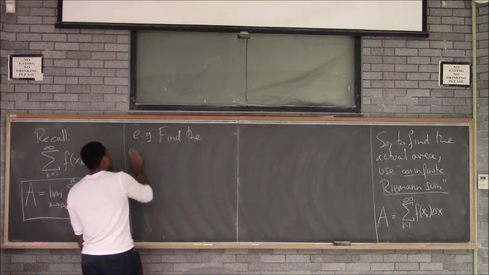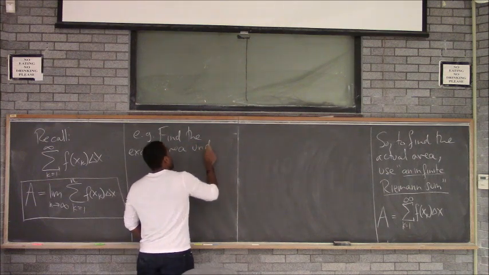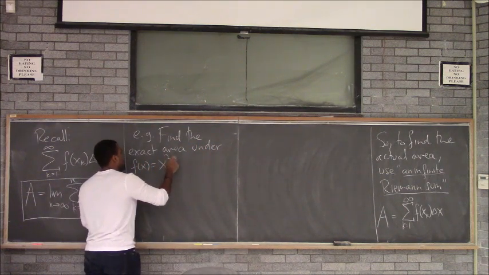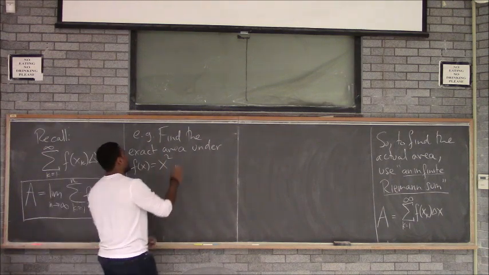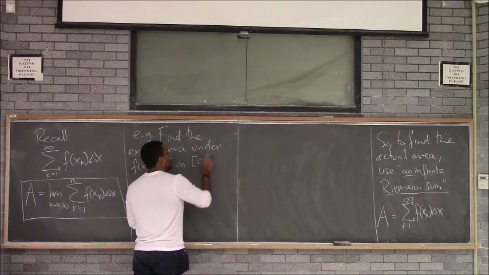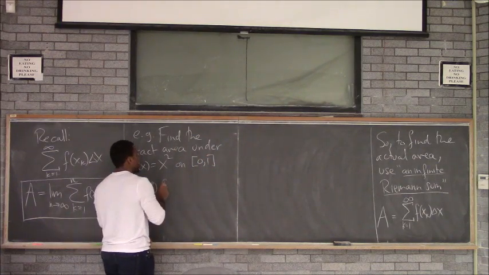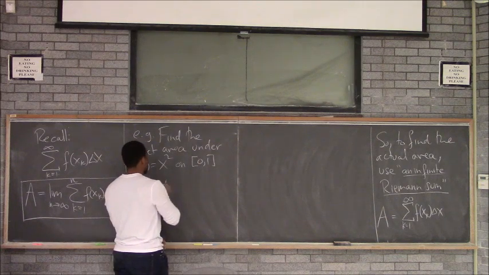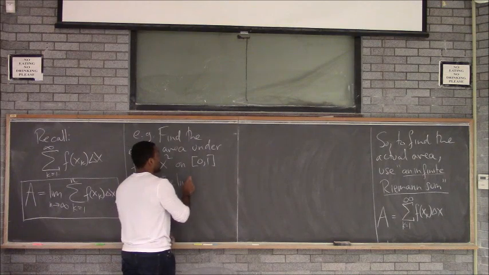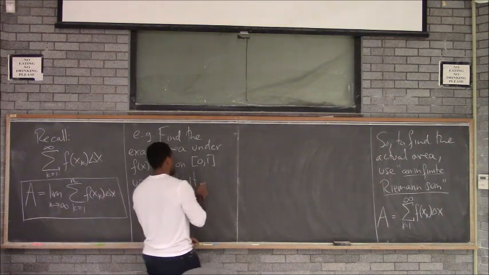Find the exact area under, we're going to change the function here, but it's not a crazy function, x squared, on, say, 0, 1, using the limit of a Riemann sum, or using an infinite Riemann sum, or something like that.